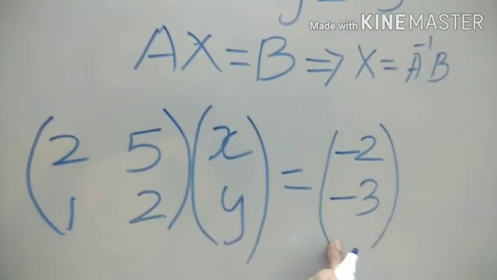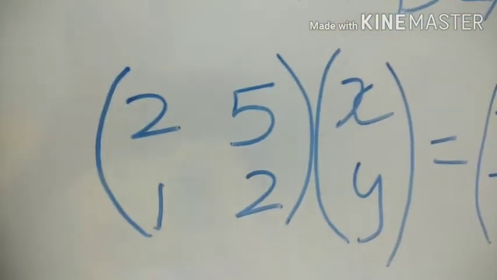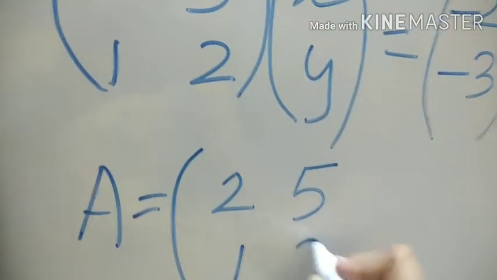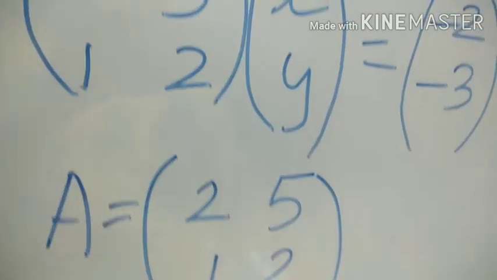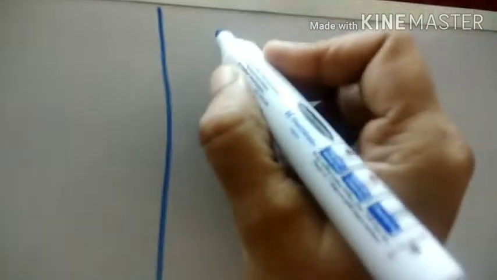So I need to find A inverse B. What is A? A is equal to 2, 5, 1, 2. So we need to find what A inverse is. Now remember the procedure. First we find determinant A. How to find determinant A?